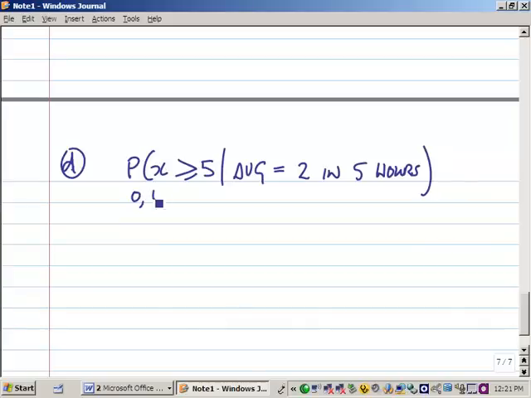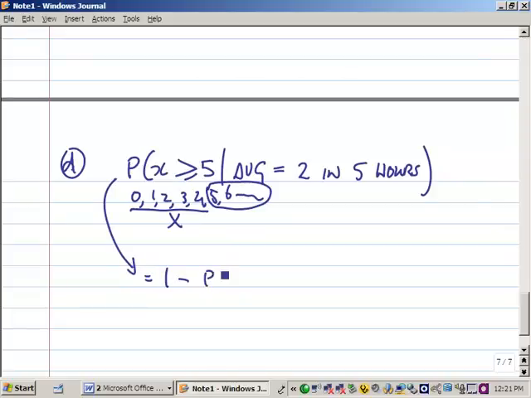Okay? Again, our possibilities run like this. We want 5 or more, this. We'll take the complement and then subtract out 0 through 4. So that's 1 minus the probability that x is less than or equal to 4, with the average equal to 2.